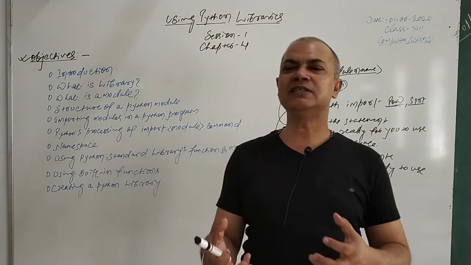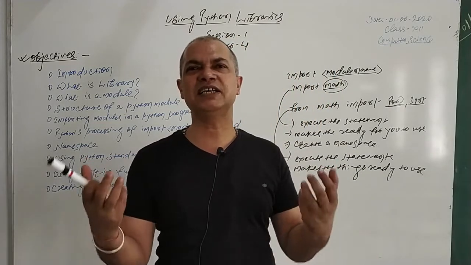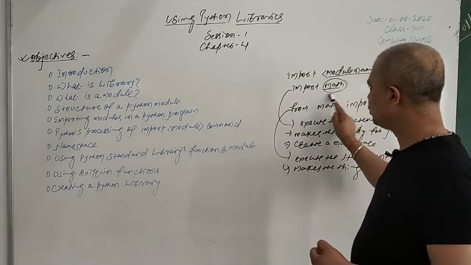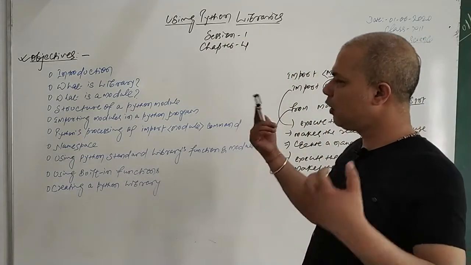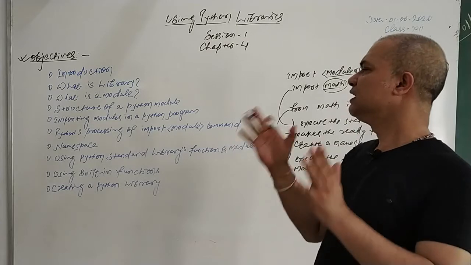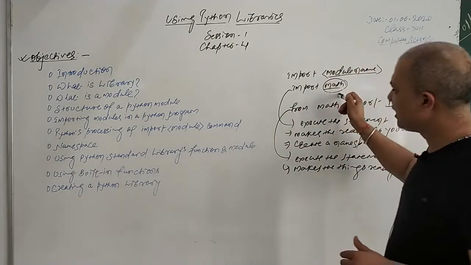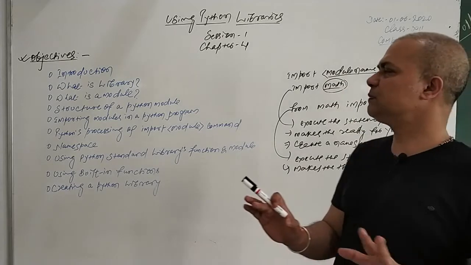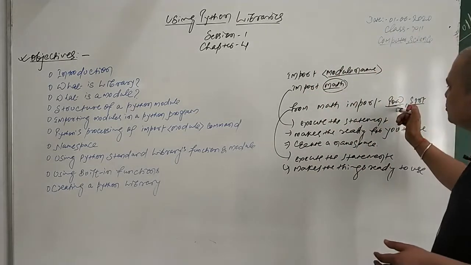So it's the environmental logical variables created in the Python program with the same name as the module name, which hold all information about that module if you are importing a complete module. But if it is partial, no namespace is created. Why? Because now there is no ambiguity.